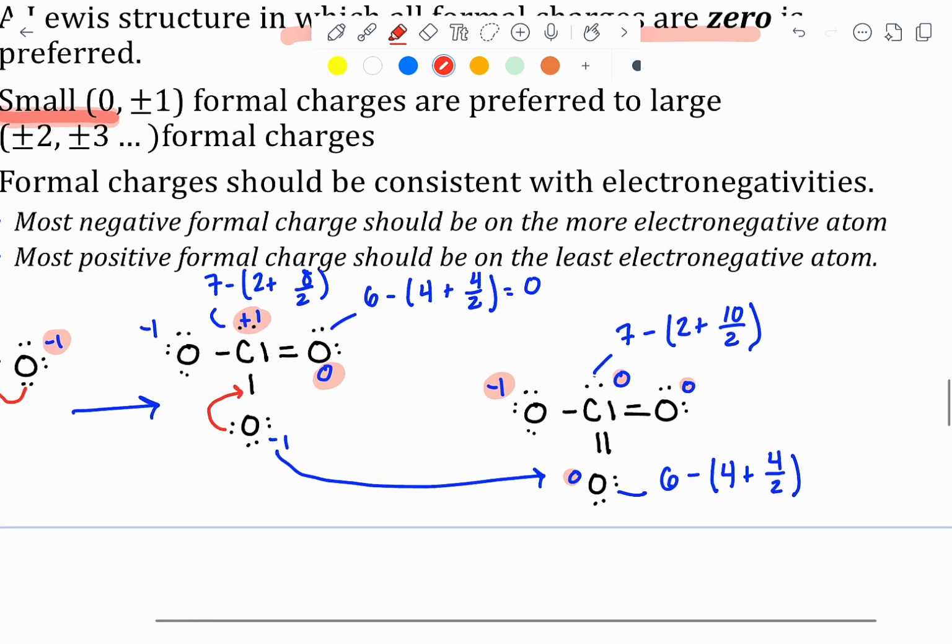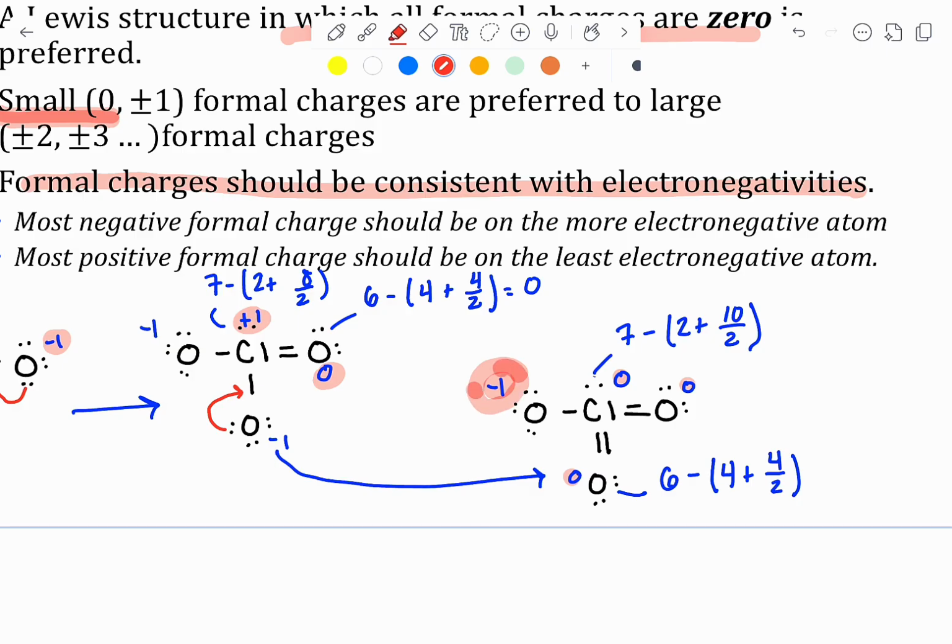This oxygen, having that -1 charge, is following its electronegativity. Oxygen is more electronegative than chlorine. If you look at those electronegativity charts we worked on in class, oxygen is more electronegative than chlorine is. So what that means is it's pulling the electrons towards itself, which is represented by this -1 formal charge.